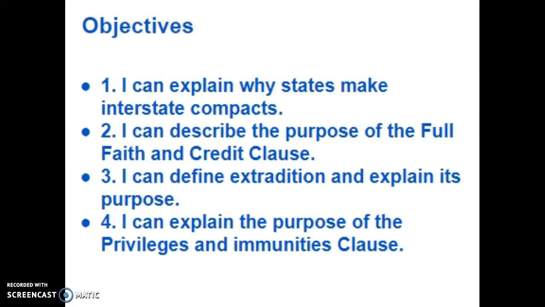And another example would be grants and aids. The federal government provides grants and aids to local and state governments when they need it. Again, this is another example of the federal government working with local and state governments.